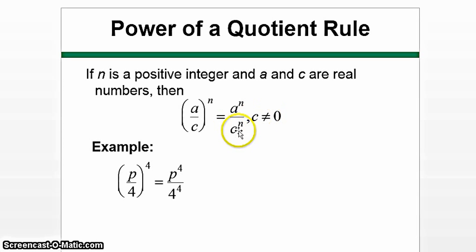If c is 0, then any number over 0 will be undefined. That's the reason c is not equal to 0. Example, p over 4 whole to the power 4 equals p to the power 4 over 4 to the power 4.